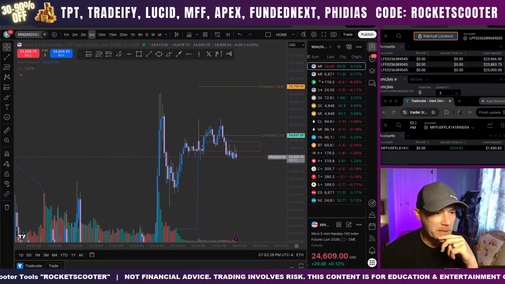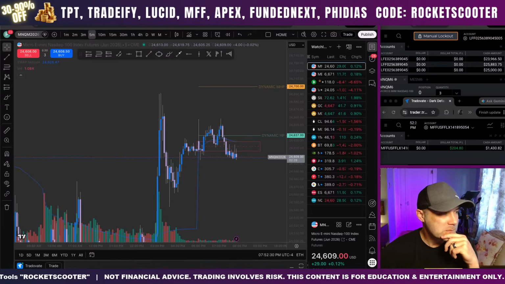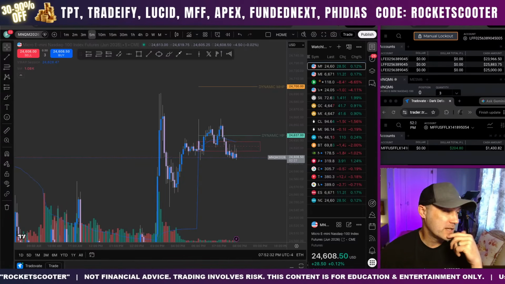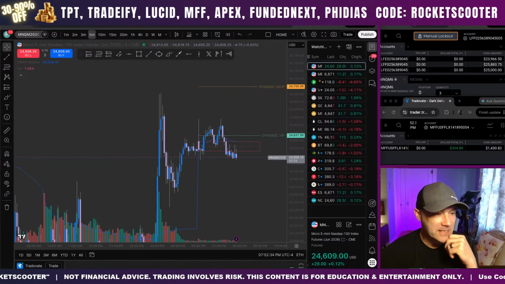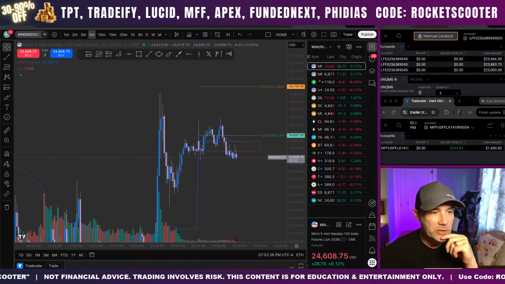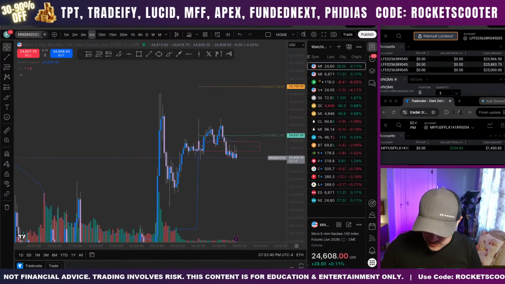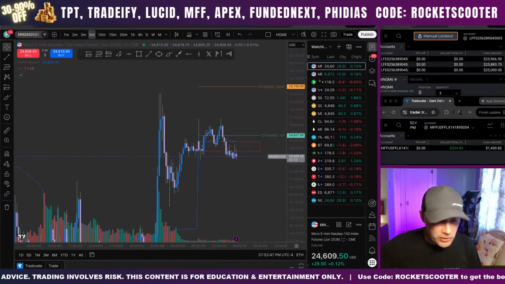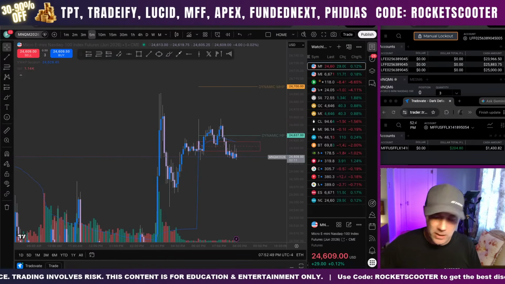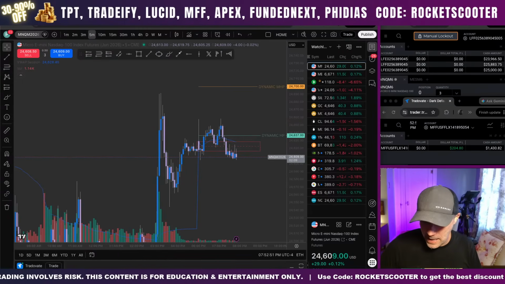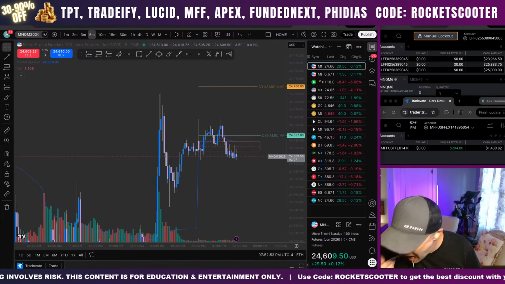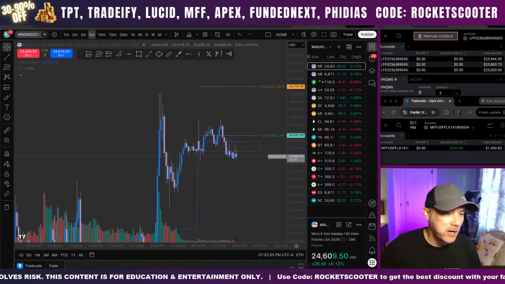I think most people in here would say that Take Profit is a fantastic firm to trade with. I don't like trading with Take Profit because once you pass the eval, when you move to funded, it moves from end of day drawdown to intraday trailing drawdown. And I can't stand trading those accounts. Not a fan.